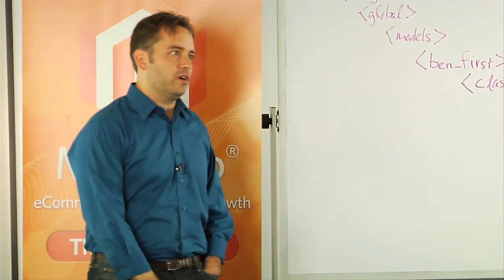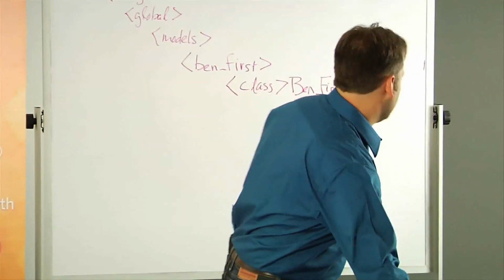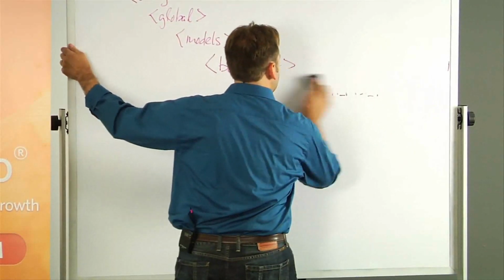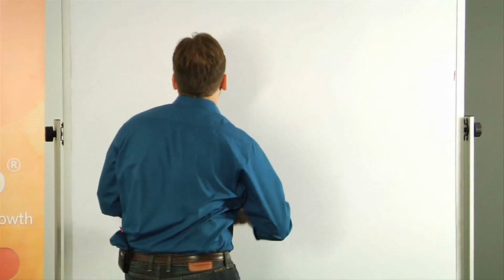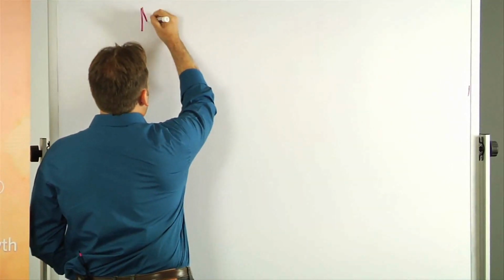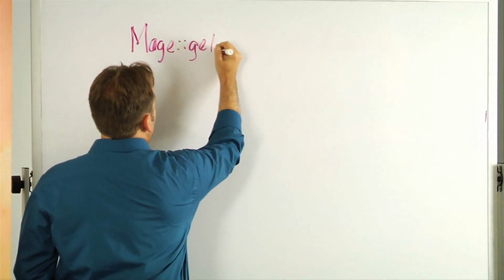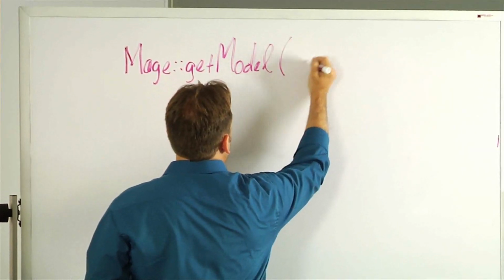In this case, we're doing type model. What type model translates to is Mage get model. Okay.